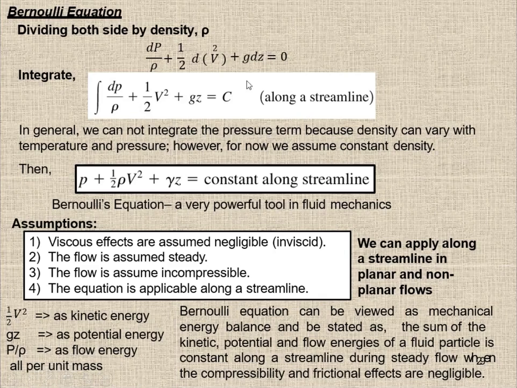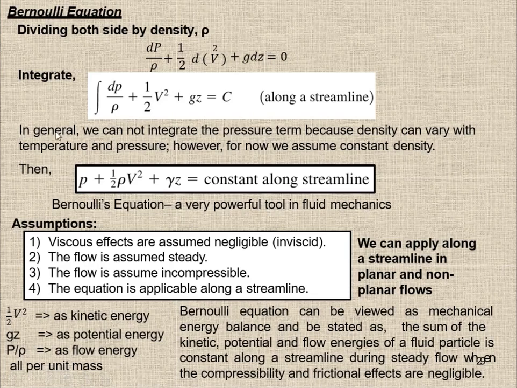This equation is valid for compressible flow, because if it is incompressible, you can take the density outside. Since it is inside the integral, if the flow is compressible, you can keep it inside and take some function, since the density of the flow is varying. So this equation is valid for both compressible and incompressible flow.